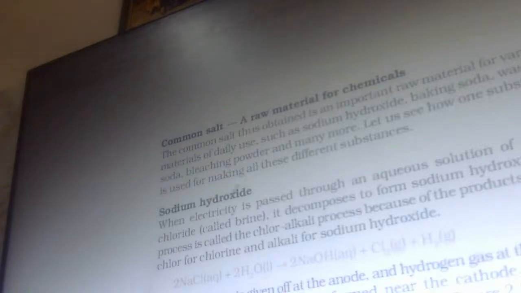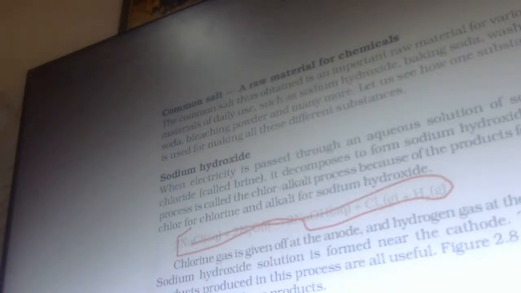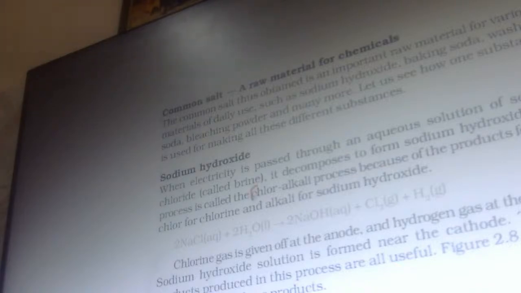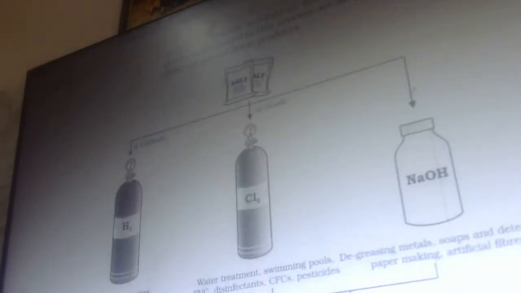This is electrolysis of brine, the chloralkali process. Brine is NaCl solution. This is not given in our textbook, this is an old textbook. At the cathode we get H2 gas, at the anode we get Cl2, and near the cathode we get NaOH.